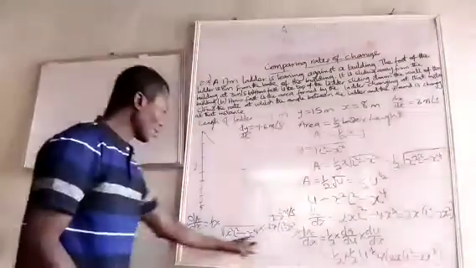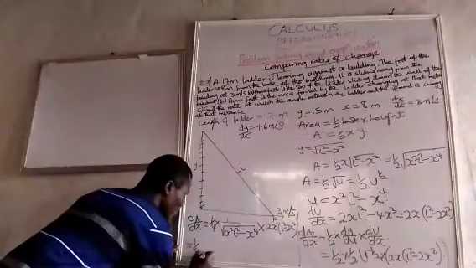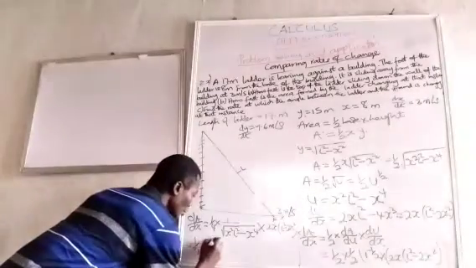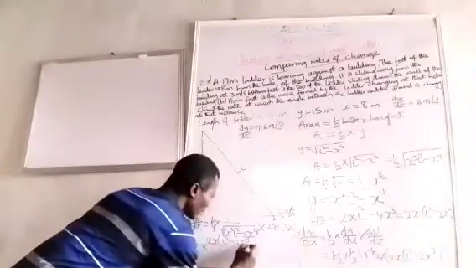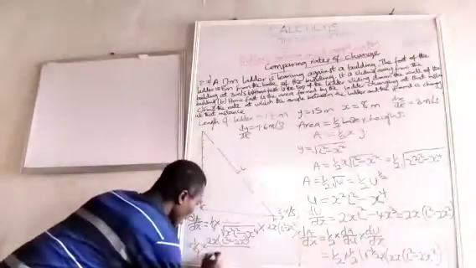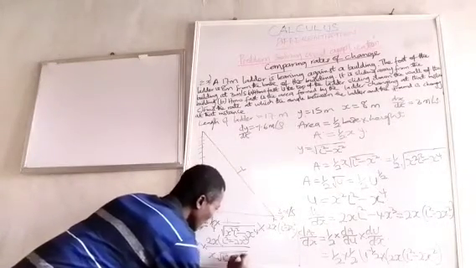So we are going to handle this a little bit. Fine now. So it's going to be 1 over 4 times 2x into l squared minus 2x squared over x into root of l squared minus x squared.